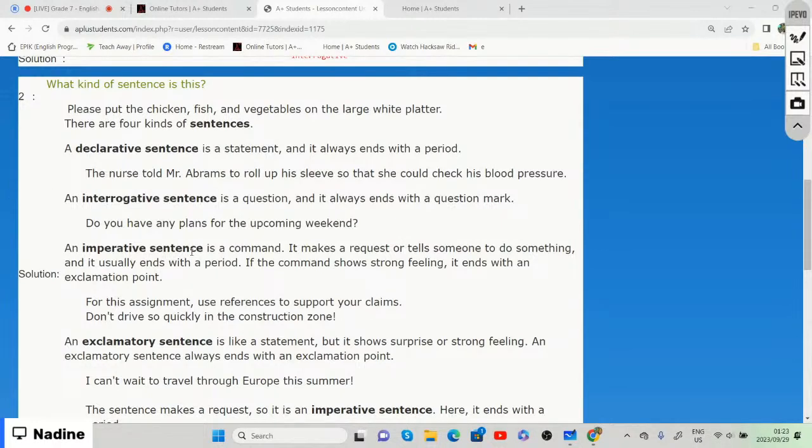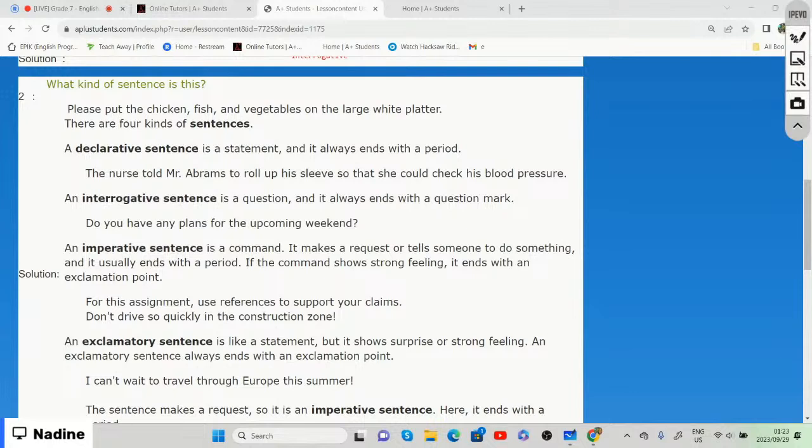I think it is imperative because they are telling the person what to do: to put the chicken, fish, and vegetables on the large white platter. This is an imperative sentence, and an imperative sentence is a command. It's like making a request, like telling someone something.